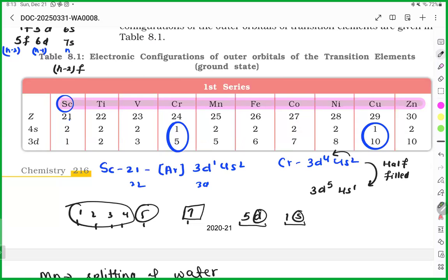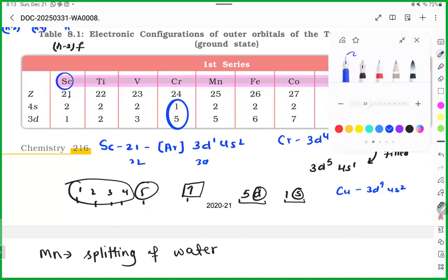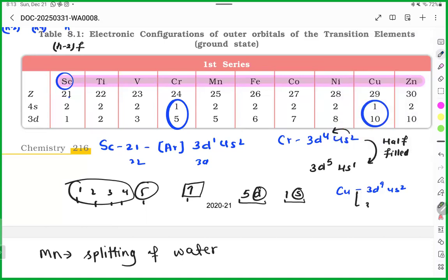Oh, wow. Okay, so half-filled is more stable. Sarah, tell me. And this copper, copper should logically be 3d9 4s2, right? Yes, sir. But what is the reason why it is 3d10 4s1? Because fully filled will be highly stable.